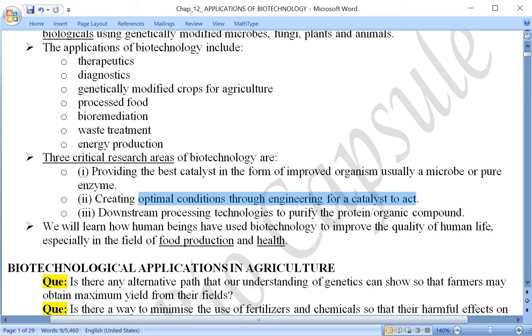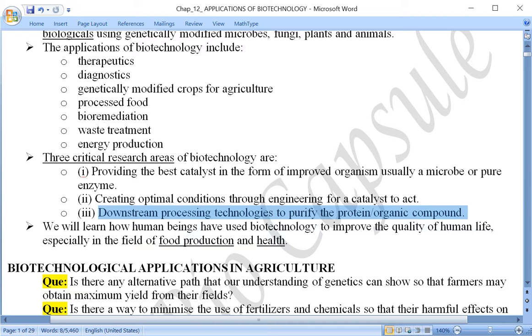So creating optimum condition so that the catalyst can act on a substrate and bring about the changes for which the catalyst was utilized. And the third one is the downstream processing technologies to purify protein or organic compound.